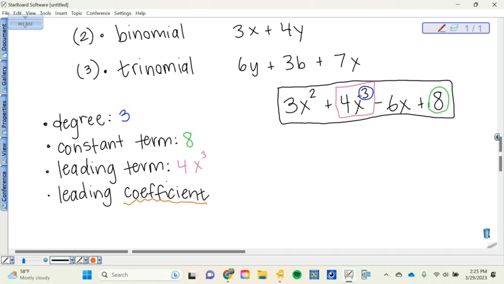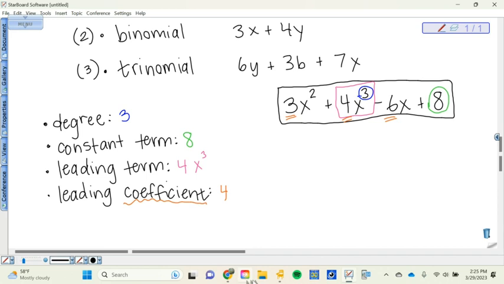So the coefficients are 3, 4, -6. Not really 8 because it doesn't have a variable. It's the numbers before the variable. The leading coefficient would be then 4. It's just the coefficient of the leading term. Does that make sense? Okay.